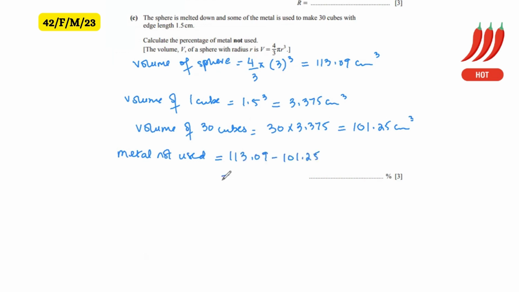So that's going to be 11.84 centimeters cubed. So percentage would be 11.84 divided by 113.09 times 100, which equals 10.47%. That is going to be your answer.